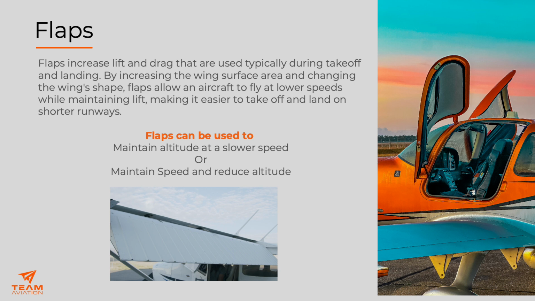By increasing the wing surface area, flaps can generate more lift, allowing an aircraft to take off and land at lower speeds. This is particularly useful for aircraft operating on shorter runways or in areas with high altitude or hot temperatures. Flaps also increase the wing's drag, which helps an aircraft slow down during landing, making it easier to touch down on the runway and come to a stop.